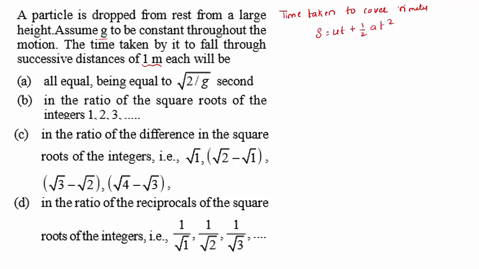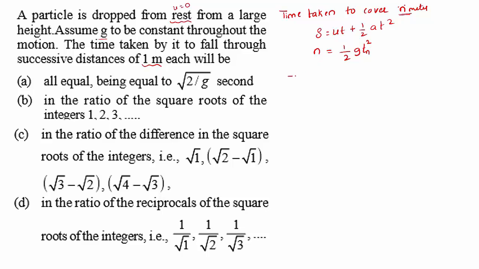S means distance, so it covers n meter. I can write n equal to, initial velocity of the particle is 0 because it is dropped from rest, and 0 into anything will be 0. Remaining is 1 by 2, and here acceleration is equivalent to g, acceleration due to gravity, t square. This is the time taken to cover n meter. Let us write it as Tn square.